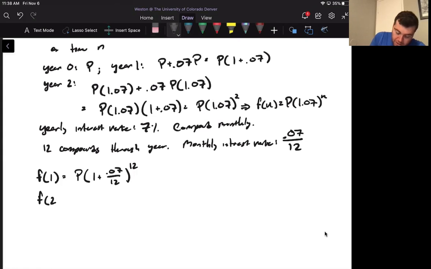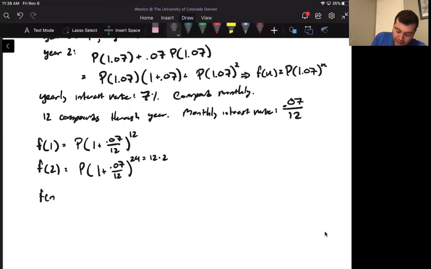Then we get f of 2 is P times 1 plus 0.07 over 12, so our monthly interest rate. And now at the end of 2 years, we would have compounded it 24 times. So we end up with a 24 there. And that 24, just remember that's 12 times 2.